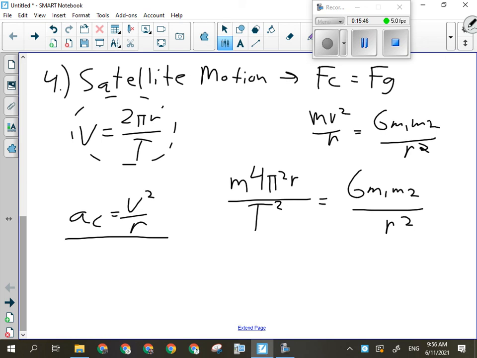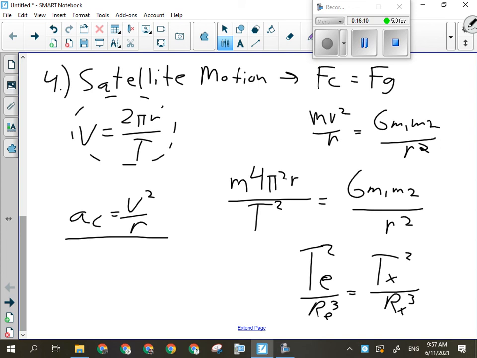Yes, the moon also orbits the Earth, but you don't have enough information about the moon to use Kepler's law of periods. That would be T squared over R cubed equals. That's all well and good if I'm talking about two planets orbiting the sun, or a planet orbiting the sun, because then I can use Earth.